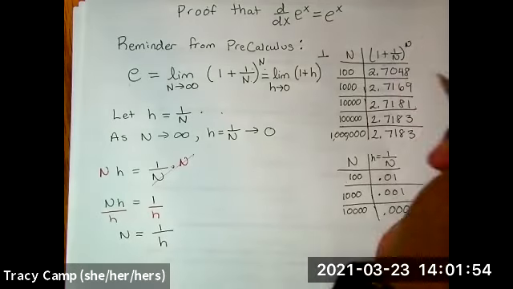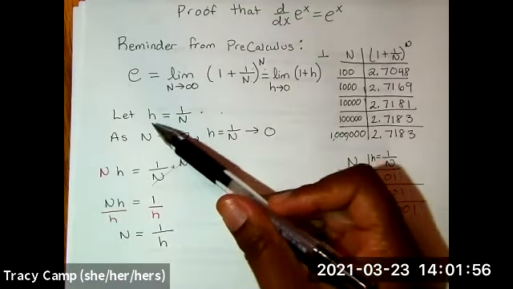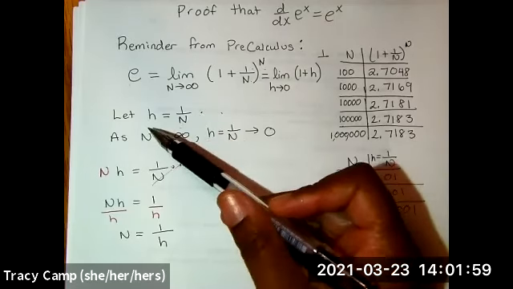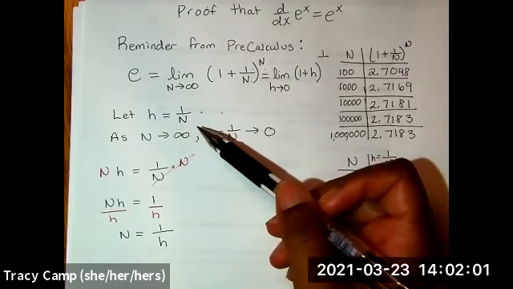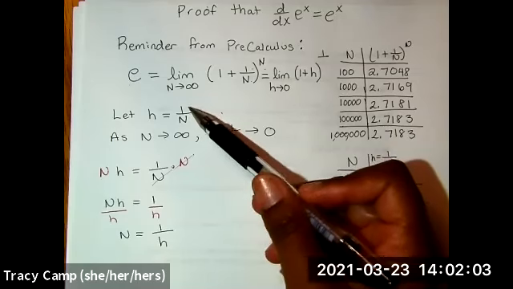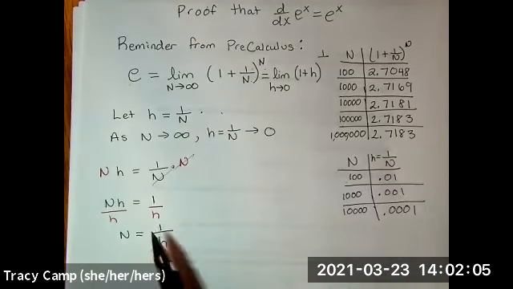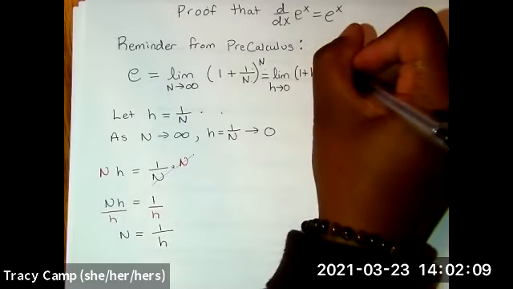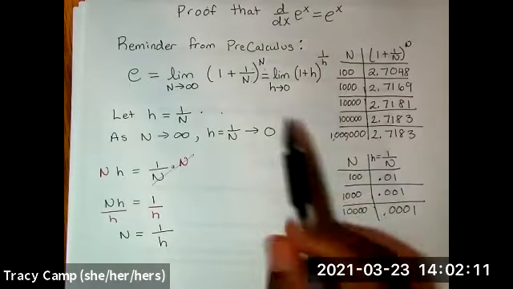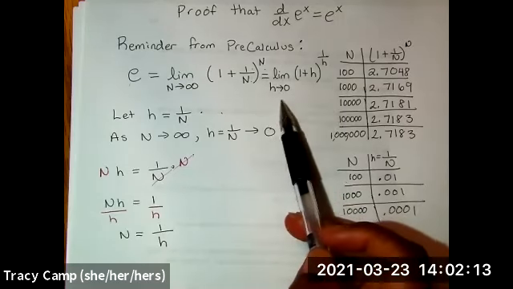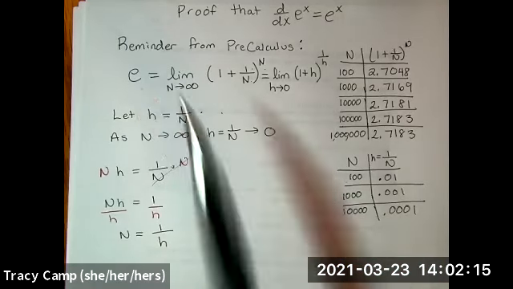Since I decided to call 1 over n h, n is the same thing as 1 over h. So this is another way to define the number e.